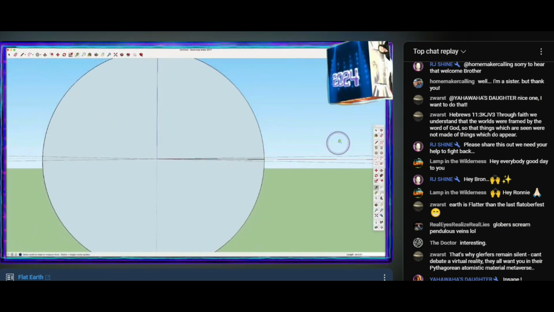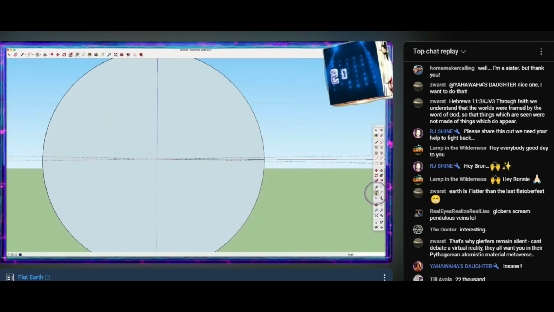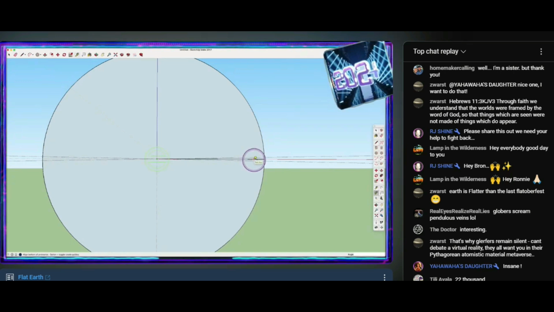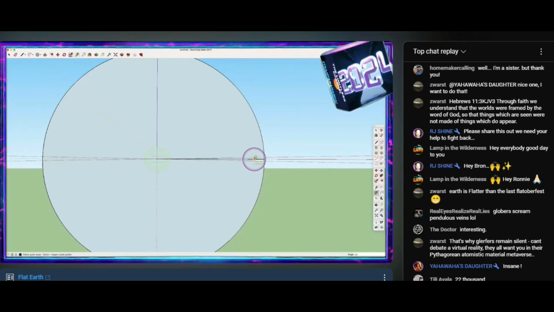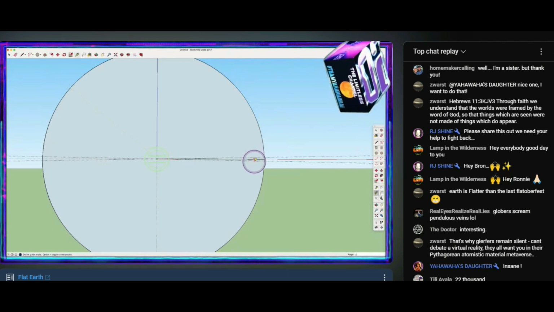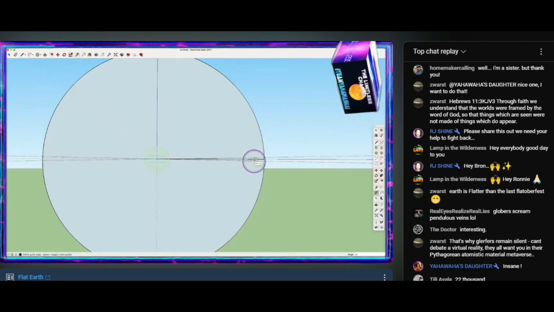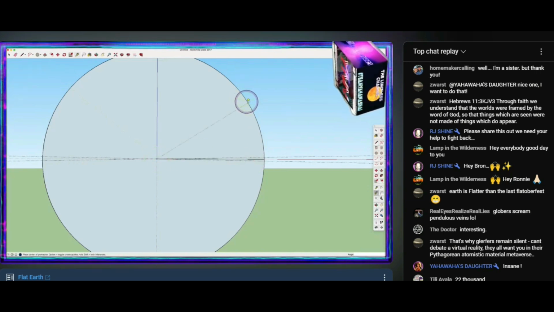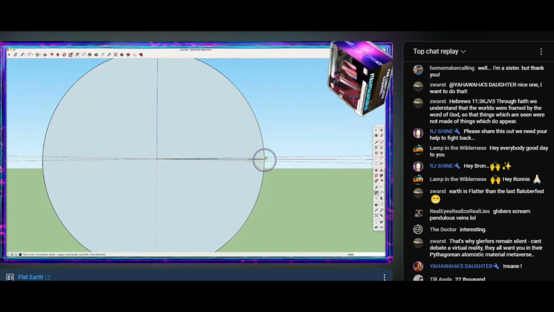And I want to show everybody here, if I bring the protractor tool over here, set it here, come off of my red axis, I've got a line set at 1 degree up and 1 degree down. I've also made this a circle out here.